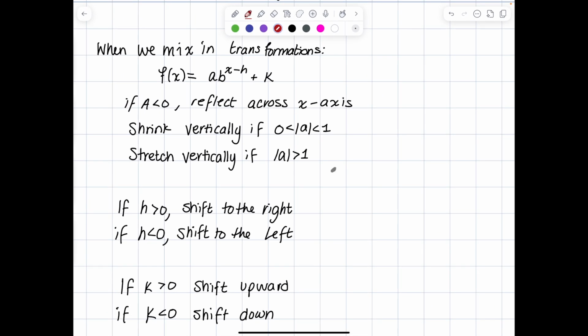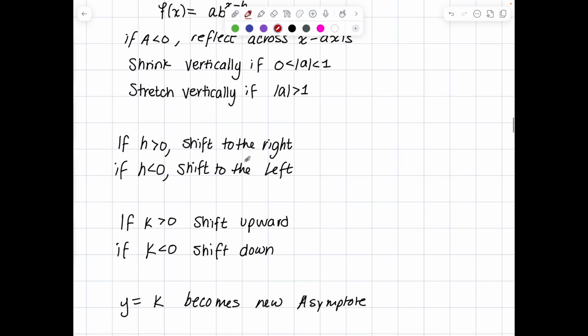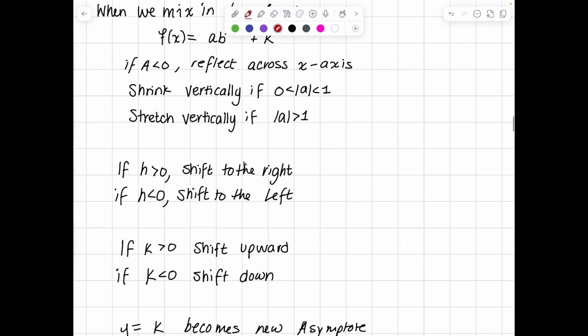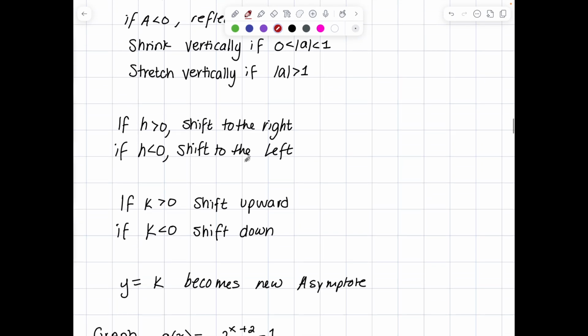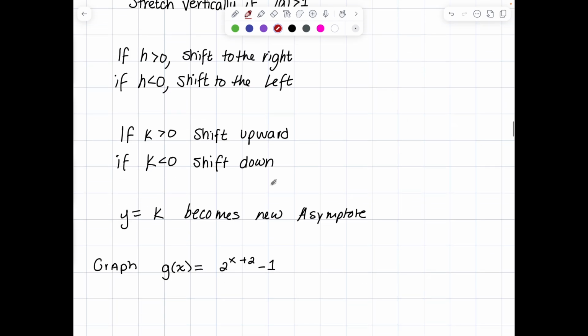And k is going to be that added constant, so it's just shifting up or down depending on the value. It's very similar to everything else that we've done. And y equals k is going to be that new asymptote, depending on where it shifts.